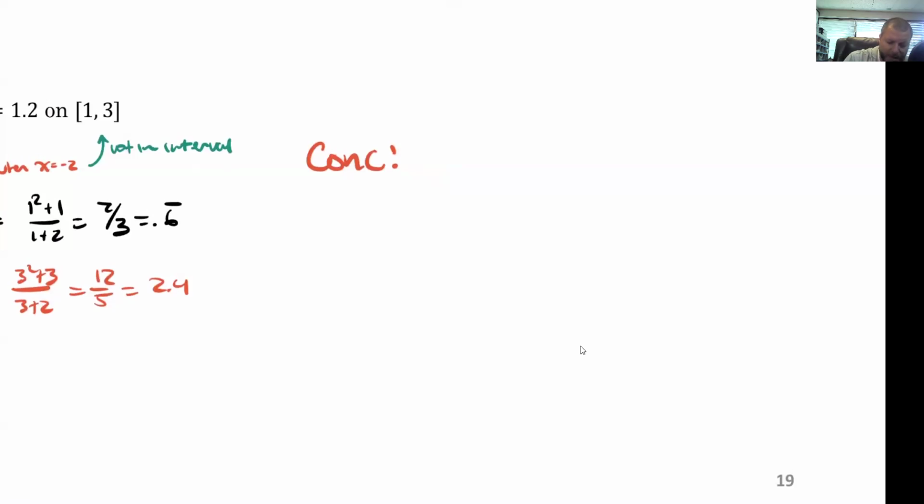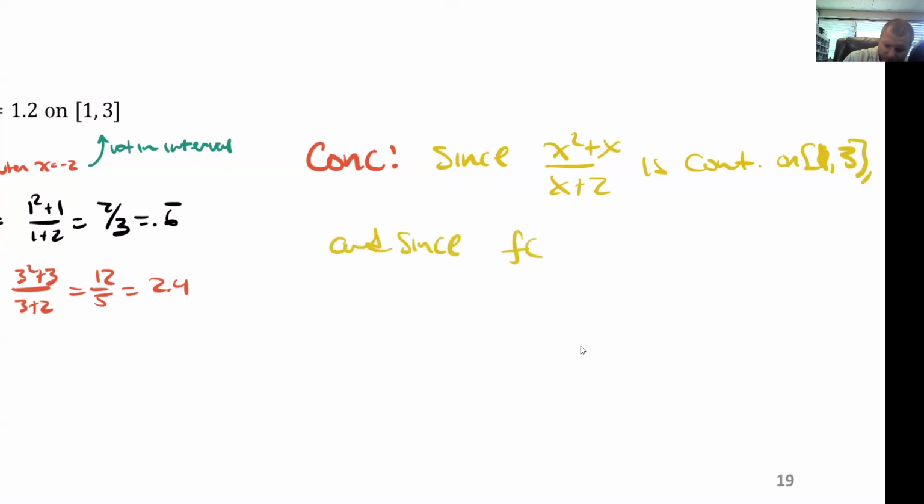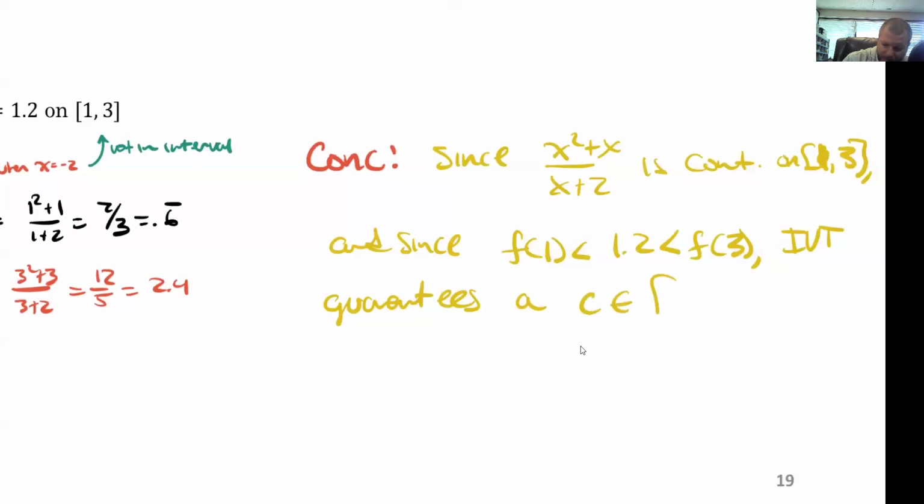In this case, we conclude something like: since x squared plus x over x plus 2 is continuous on this interval 1 to 3, and since f of 1 is less than 1.2, which is less than f of 3, the intermediate value theorem guarantees a c in this interval, 1 to 3, such that f of c is equal to 1.2. And that would be our conclusion.